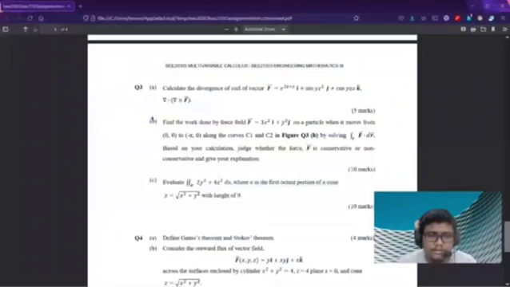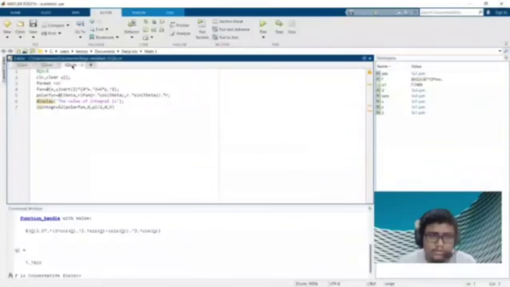Next, the last question, question 3C, is to evaluate 2y squared plus 4z squared ds, over the first octant portion of a cone. So this is the simulation of question 3C, the last question.